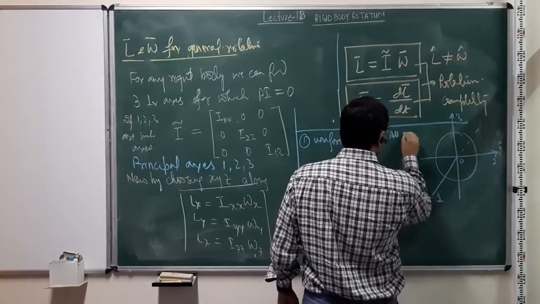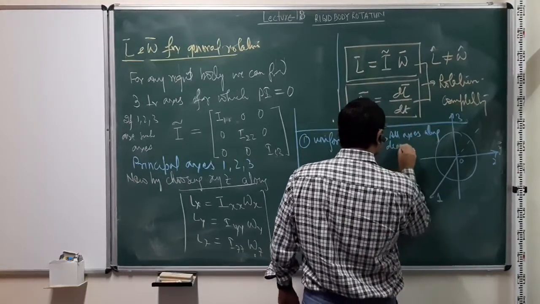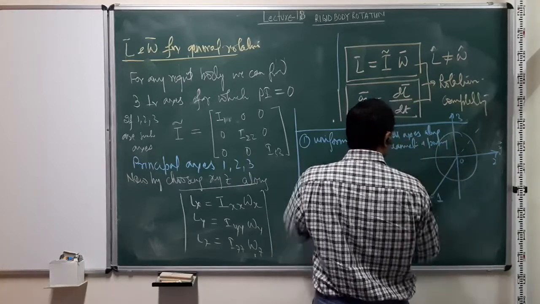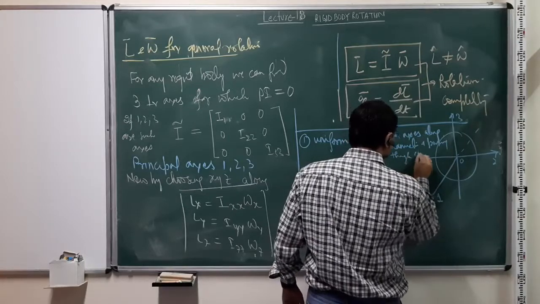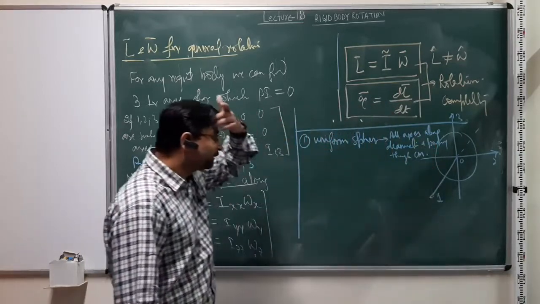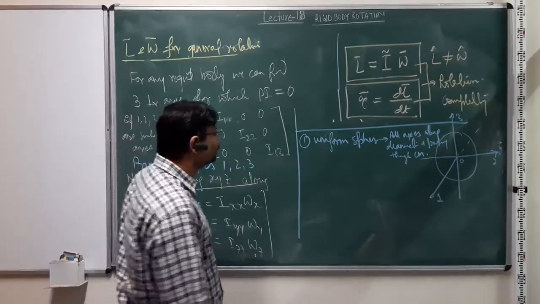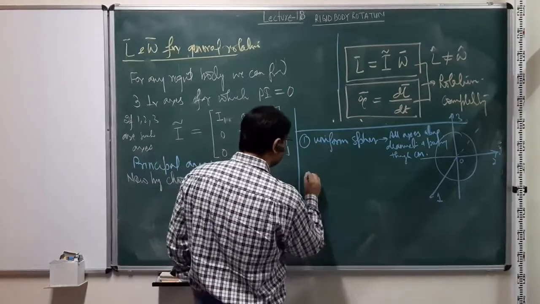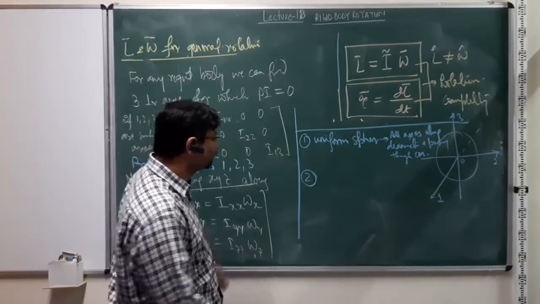So all axes along a diameter, passing through the origin and the center of mass, are principal axes. Because that's a completely symmetrical problem, there is no problem in finding Ixx, Iyy, Izz. In fact, for a sphere, all these 3 are going to be exactly the same, and we can see this when we discuss different problems.